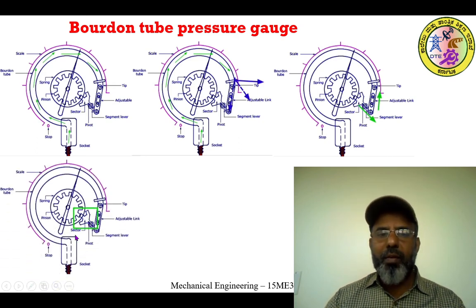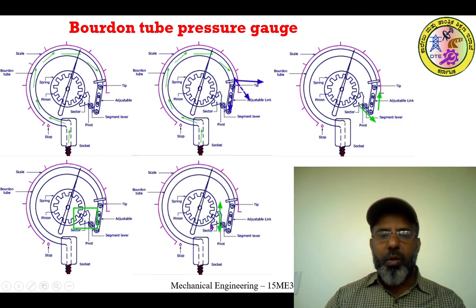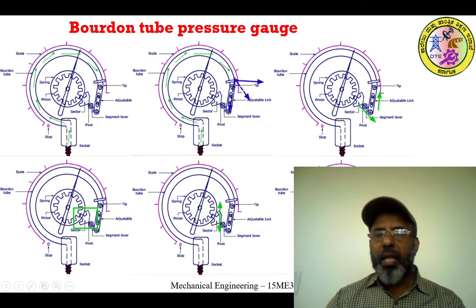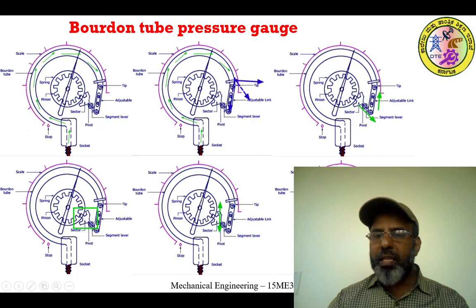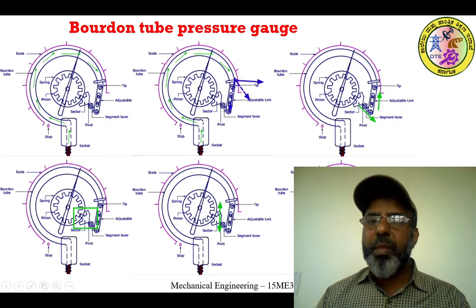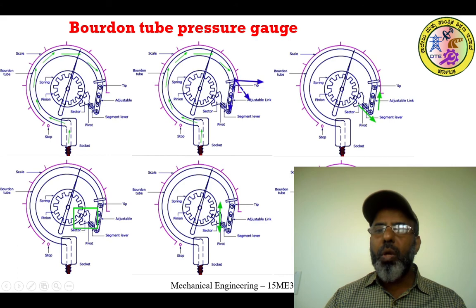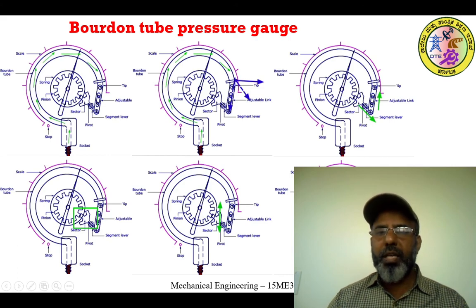Because of the oscillatory motion, it rotates the pinion. As the pointer is connected to the pinion, the pointer will move on a graduated scale, and the scale is calibrated in terms of the pressure. This is how a Bourdon tube pressure gauge works.